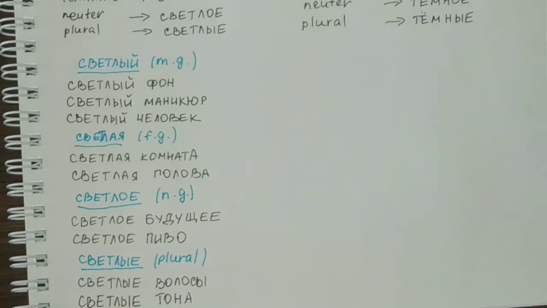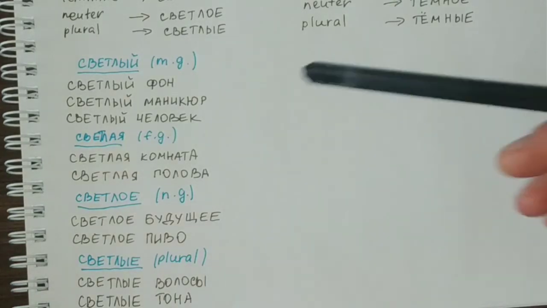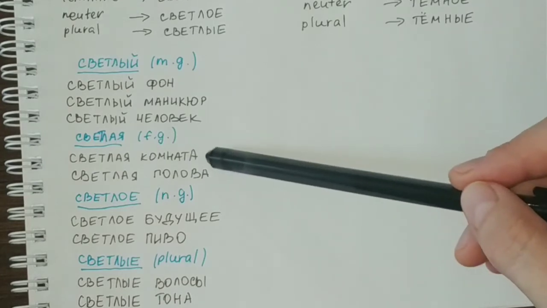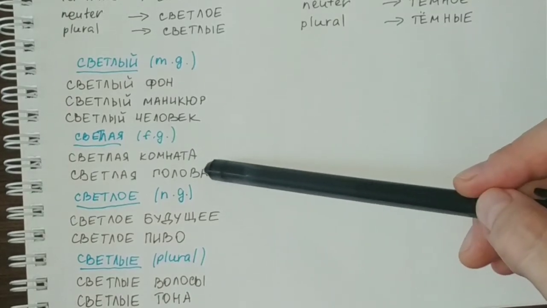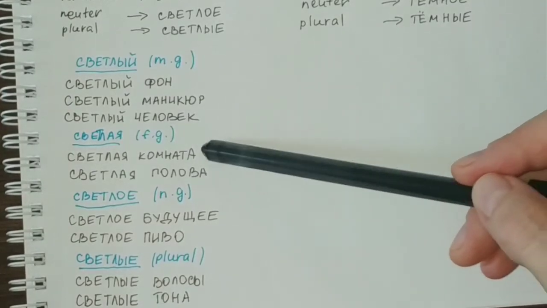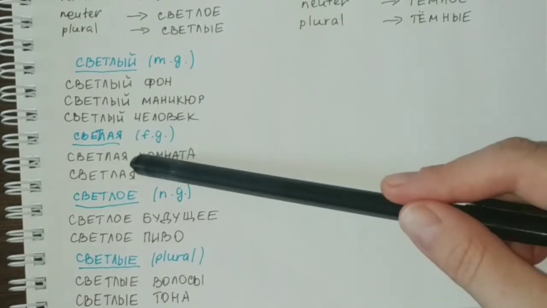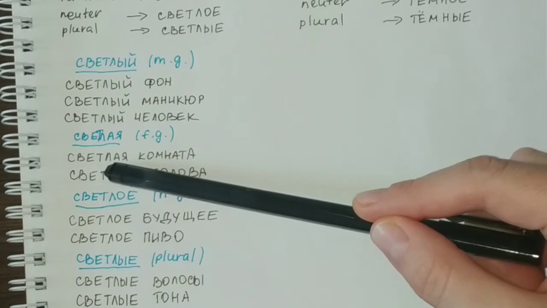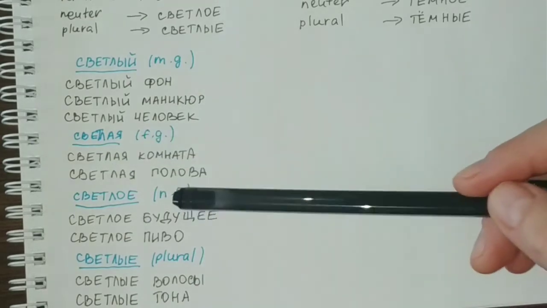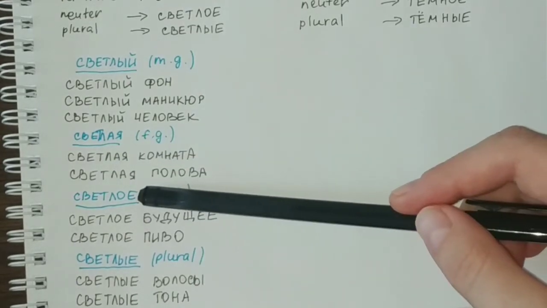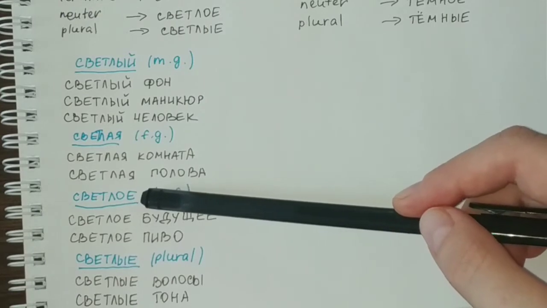So that is how this phrase can be translated. So светлая комната meaning light room, a room full of light. Комната here, pay attention, is a noun of a feminine gender, and that's why the form of the adjective is also feminine.